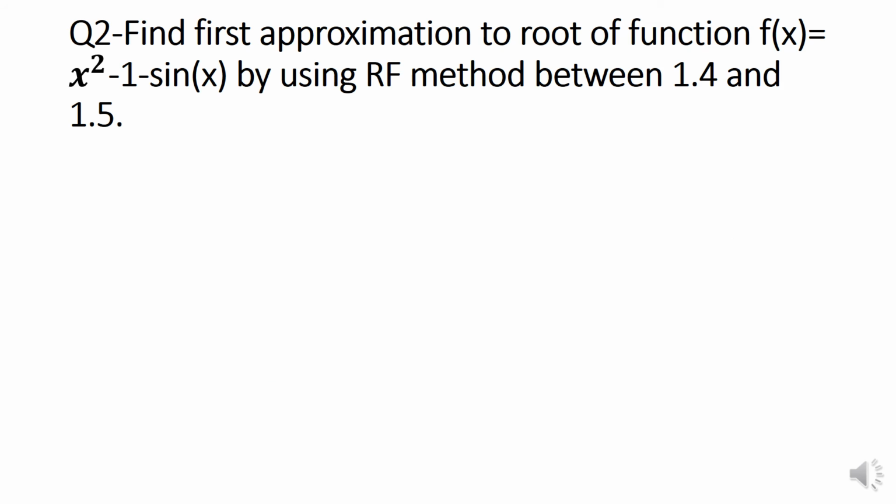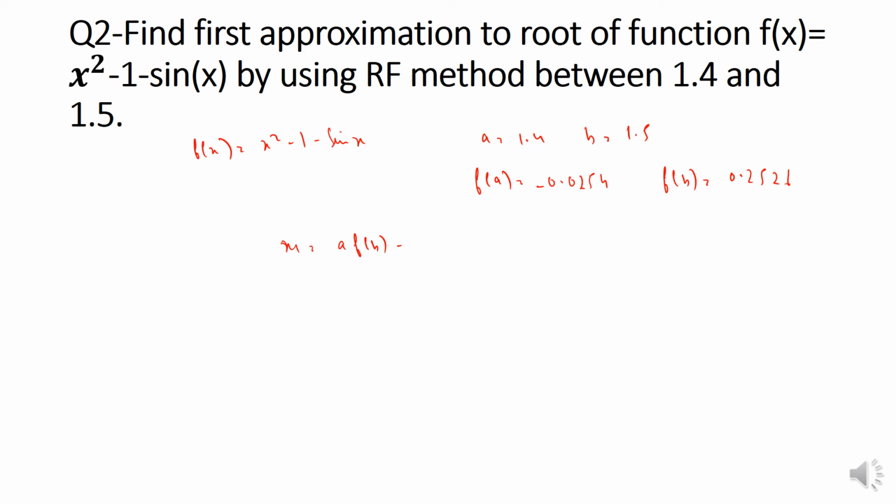I am writing it down once again: f of x is equal to x square minus 1 minus sin x, a is 1.4, b is 1.5, f of a is equal to minus 0.0254 and f of b is equal to 0.2526.